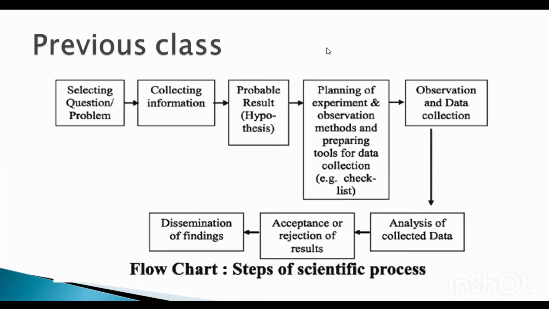First of all, we have to select the question or problem. That means which things you want to work on, or which types of equipment you select to do your next things. That question or problem you have to find or select. That is the first step of the scientific process.